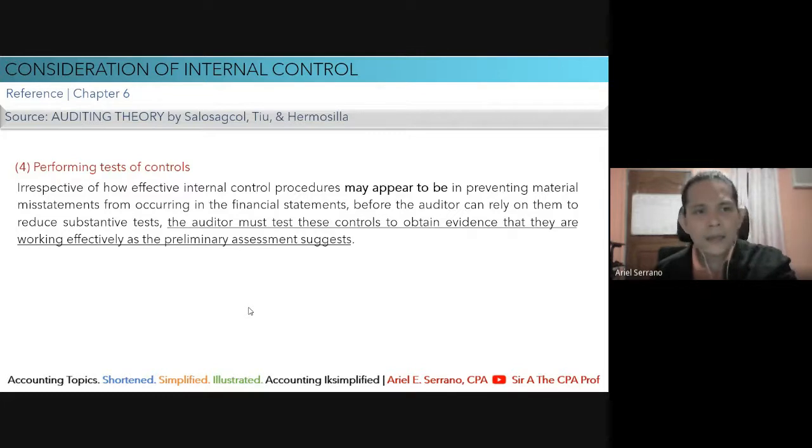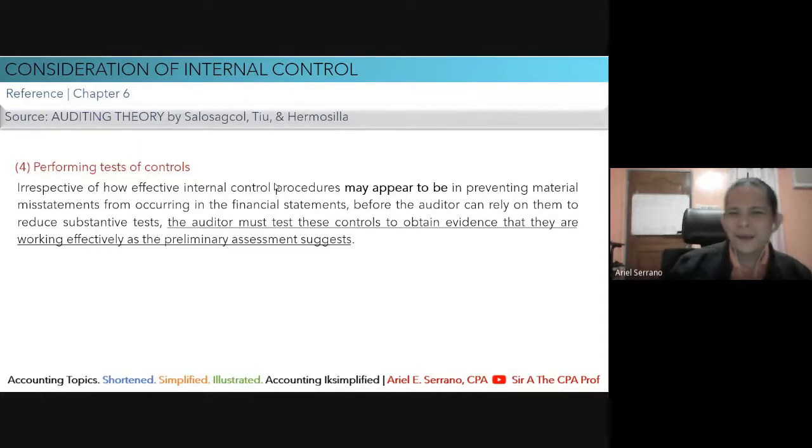Please take note, irrespective of how effective internal control procedures may appear to be, regardless kung mukhang effective or hindi. Irrespective of how effective in preventing material misstatements from occurring in the FS, before the auditor can rely on them to reduce.